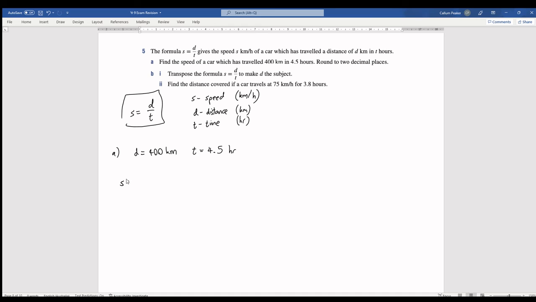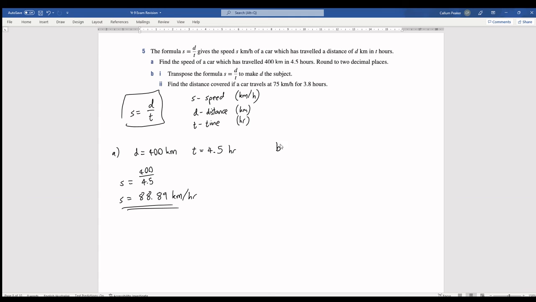I see that the speed is equal to the distance, which is 400, divided by the time, which is 4.5, and that gives you a result of s is equal to, checking my calculator, 88.89 kilometers per hour. So that would be how you do part A.